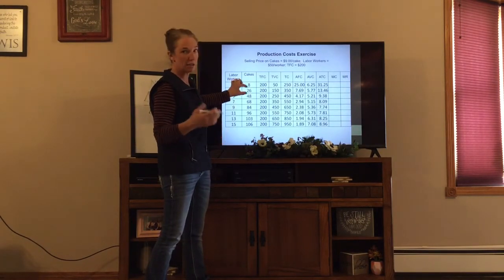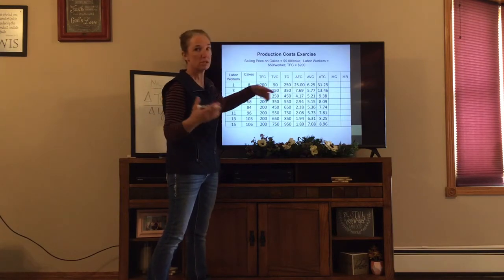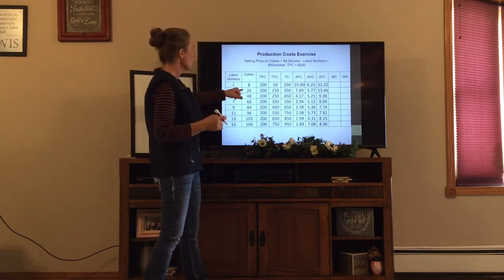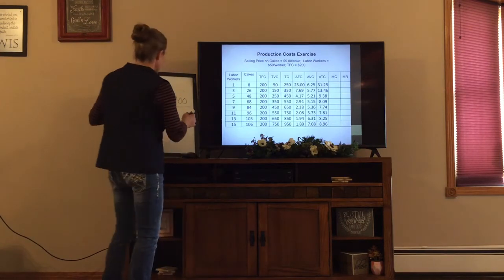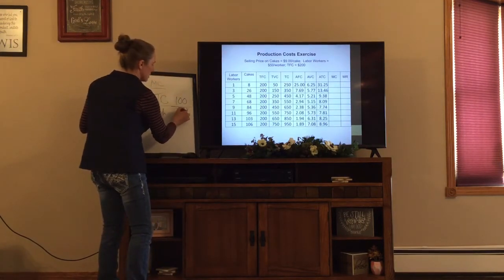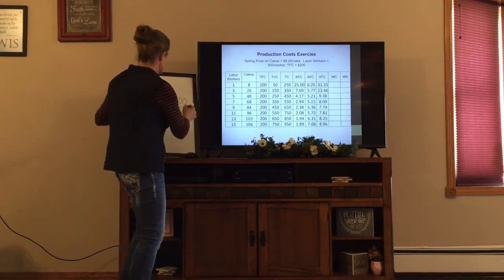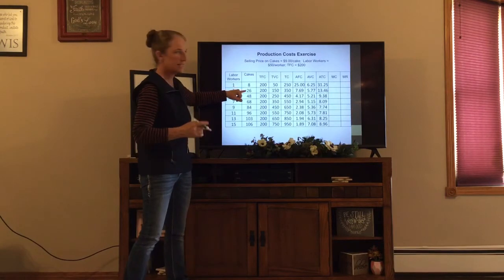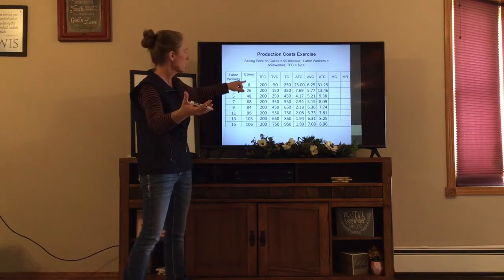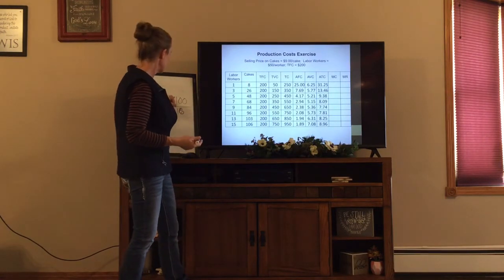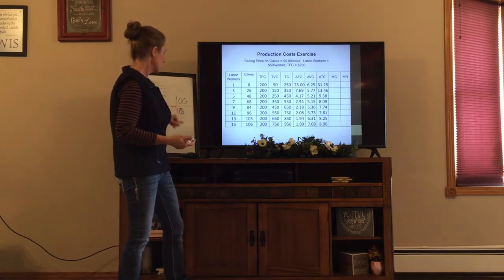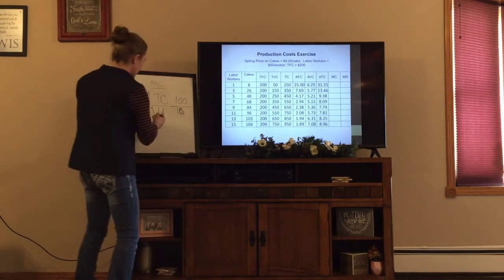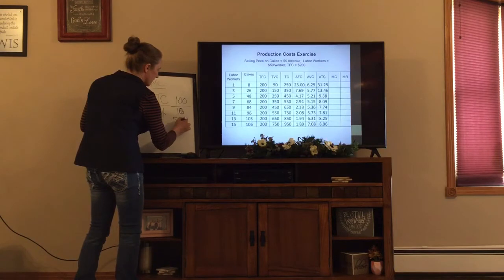So I'm just subtracting those to find those changes. That's all I do is find the change by subtracting. So 26 minus 8 gives me a change of 18 cakes. I've increased from 8 cakes, 18 more up to 26 cakes. So I have an increase of 18. So when I take 100 and I divide by 18, then I get a marginal cost that is $5.56.